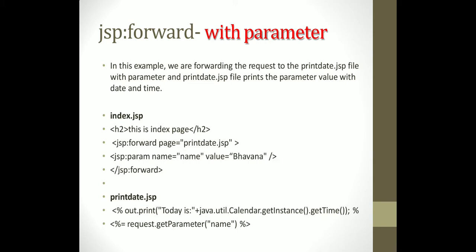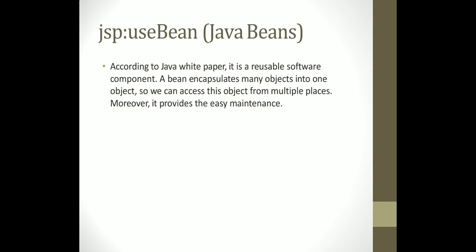Then with parameter, here you can see we have used the code of forward page and given printed.jsp as your file name, and the parameter name we have added, that is name, and value as Bhavna. So with parameter and without parameter, all these things we have seen with examples.